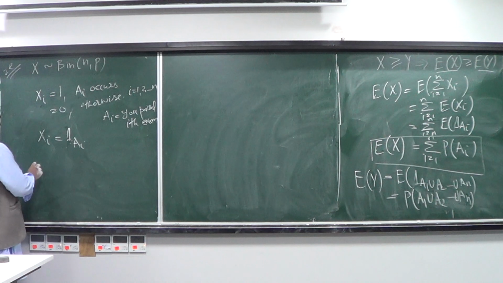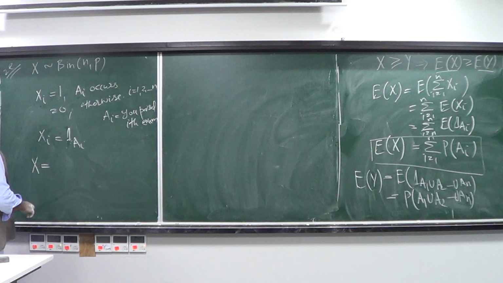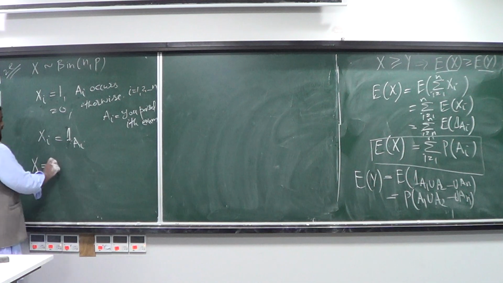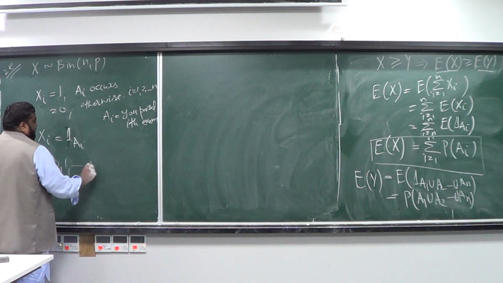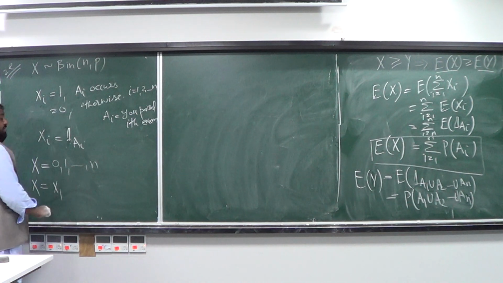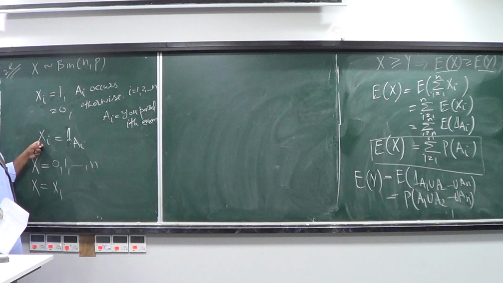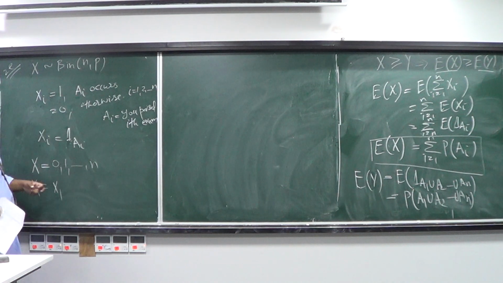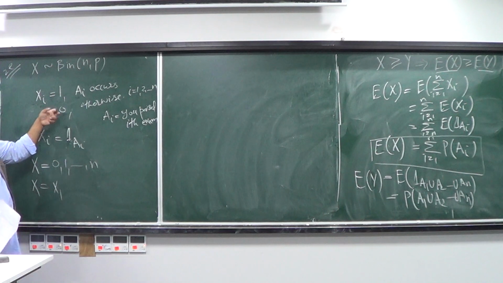Then x can be treated as the number of exams that you passed. It could be 0, that you didn't pass any exam. It could be that you passed one exam. It could be that you passed n exams. In fact, you can write this x as the sum of the outcomes of each exam, where x1 is the outcome of the first exam: x1 is 1 if you pass the first exam and 0 if you fail.